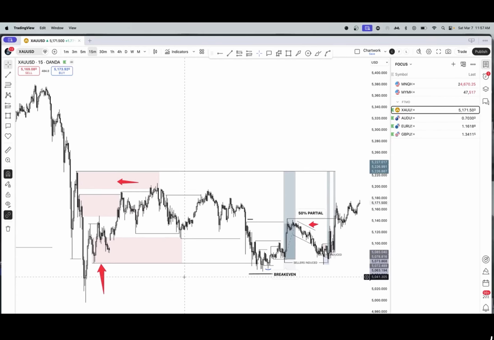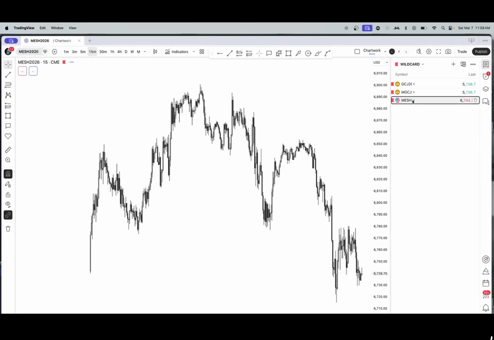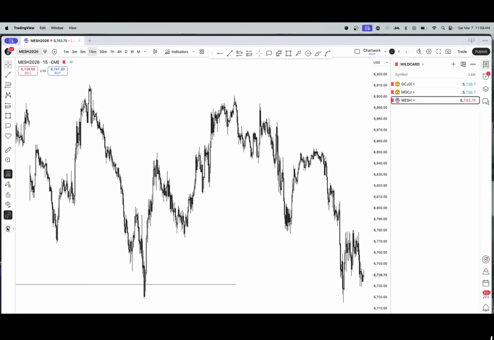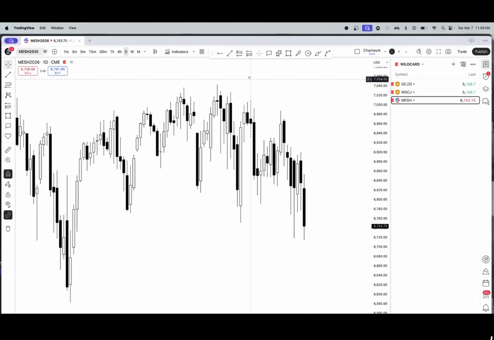I know somebody said they wanted me to look at ES. Give me 1 second. ES. Ooh, this price action is ugly. Okay, taking out that low after a straight build up there.